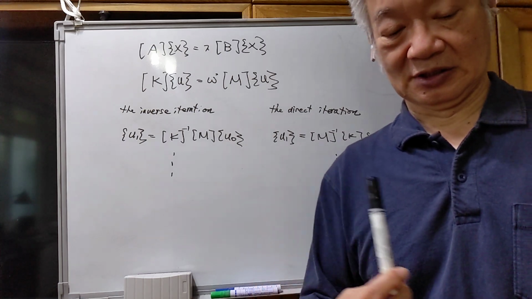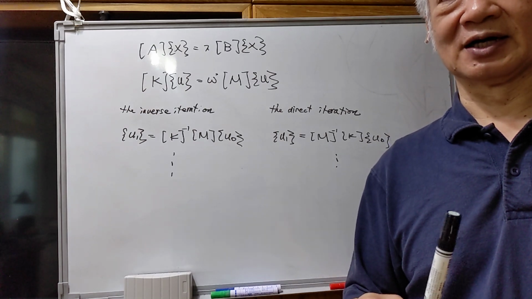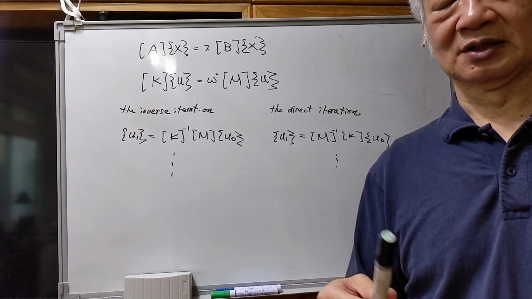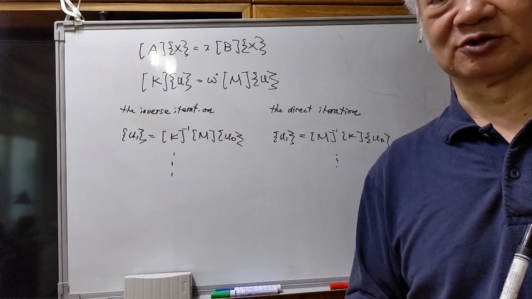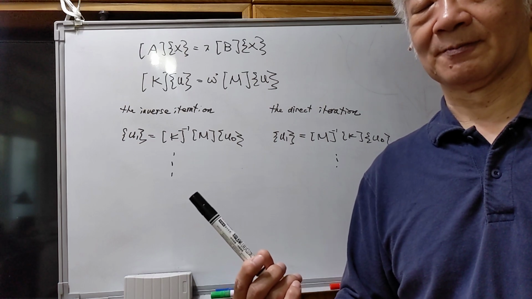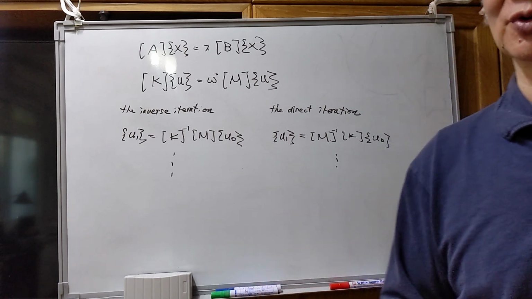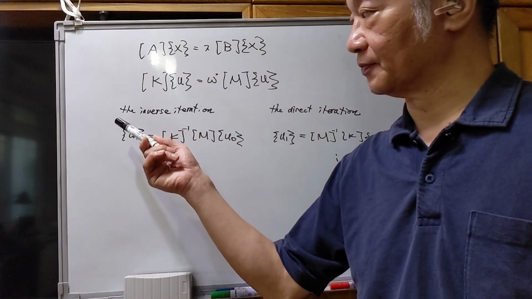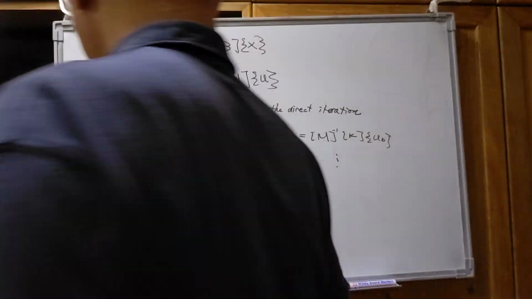So that's probably the reason why most of the time the minimum value of the natural frequency, also the natural frequency is the eigenvalue of the problems, will contribute more. Okay, so that's the reason we choose, most of the time we choose the inverse iteration method.